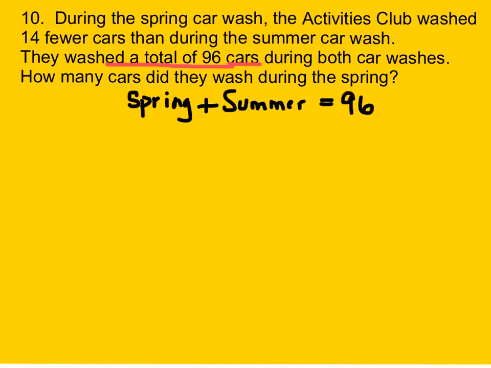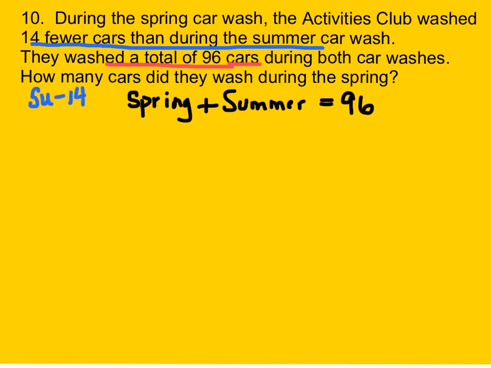Now let's go ahead and figure out what else we can plug in. It says during the spring car wash, the Activities Club washed 14 fewer cars than during the summer. So if we're going to write that as an expression, the spring is 14 fewer than the summer. So that would be like saying the summer minus 14.